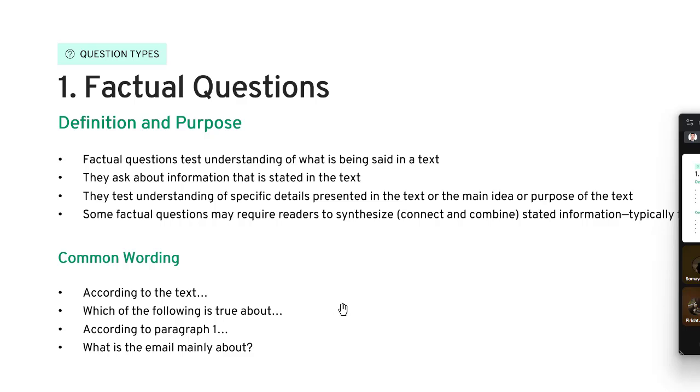Or "According to paragraph 1," and then it uses a WH word to ask the question, like "What is the email mainly about?" So the factual information question could be worded in one of these ways.